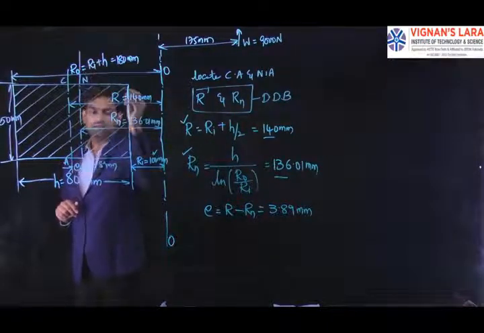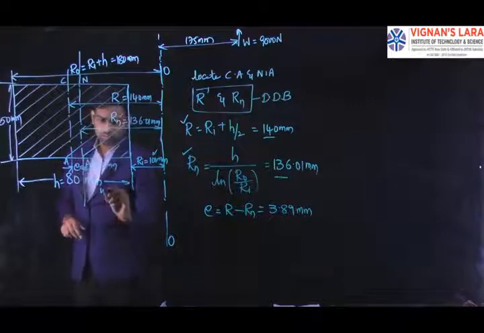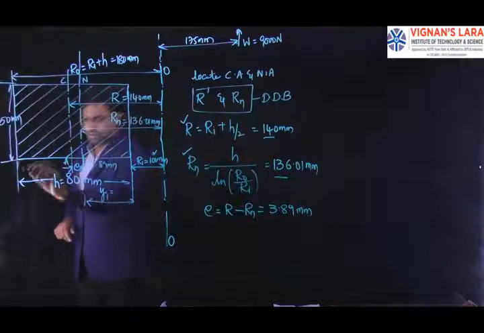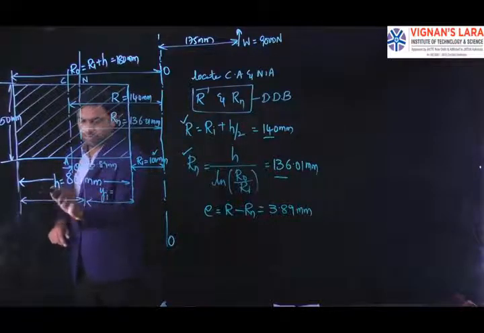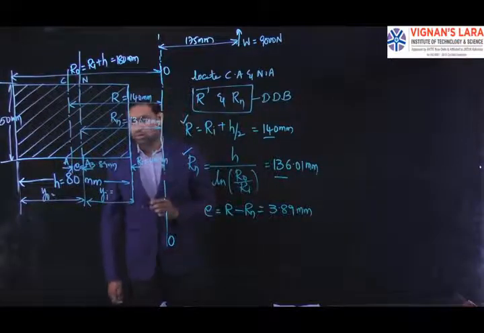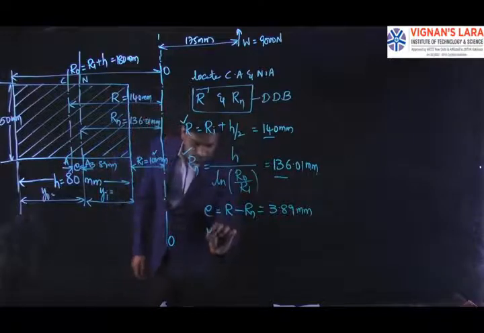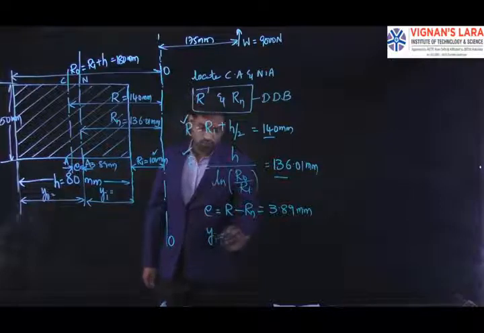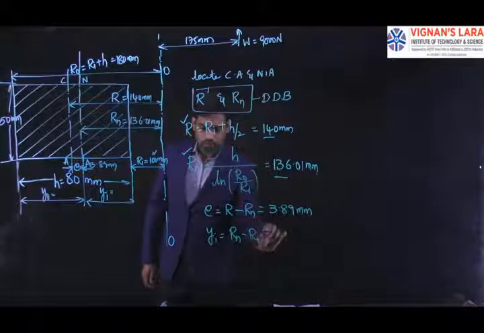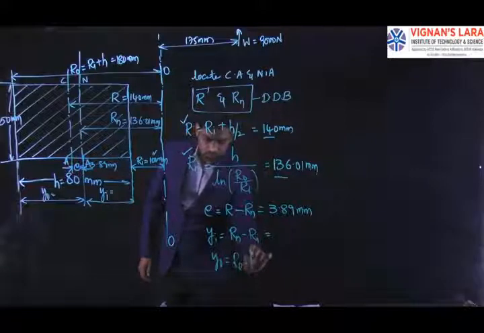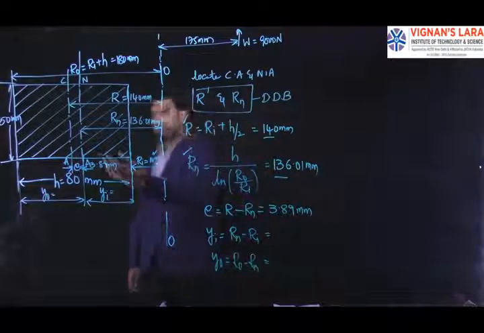The distance from the neutral axis to the inner fibers is yi, and the distance from the neutral axis to the outer fibers is y naught. From the figure, yi is given by Rn minus Ri, and similarly y naught can be found by R naught minus Rn.